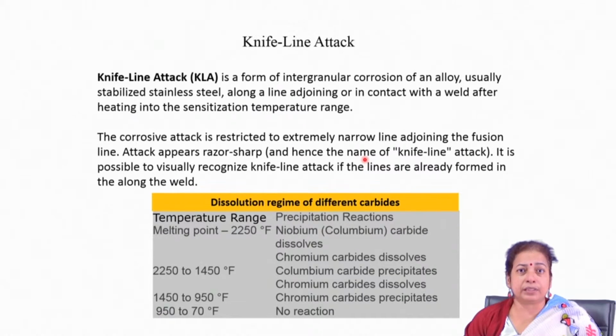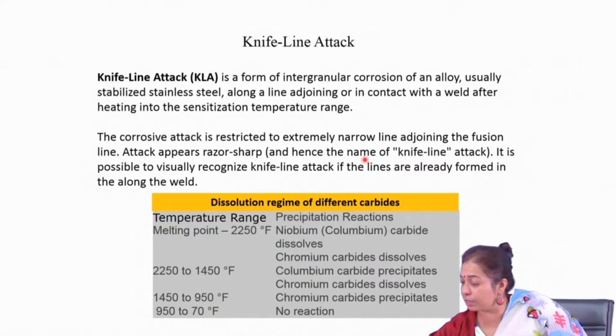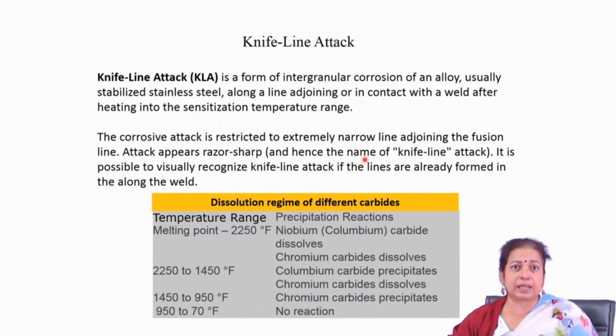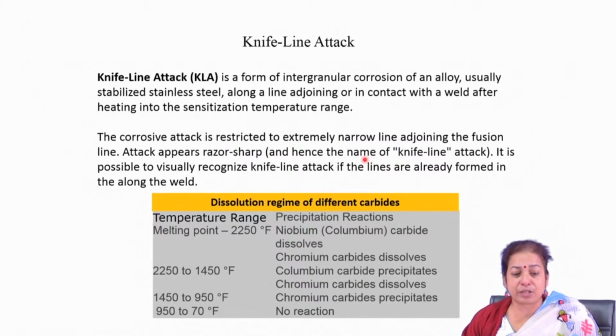And this particular knife line attack is particularly observed in the desensitized steel, or you can say stabilized steel, where you have addition of titanium carbide, niobium carbide, addition of titanium, niobium or columbium.